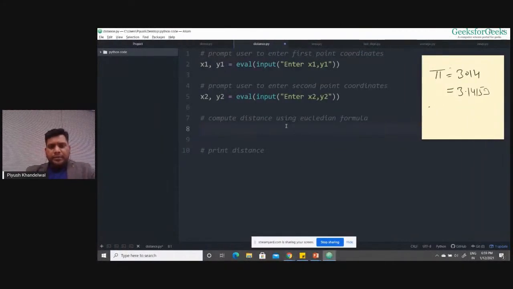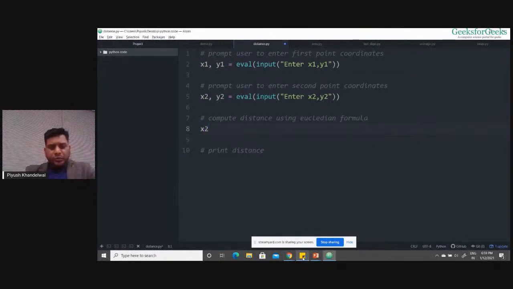I write x2 minus x1 and whole raised to the power 2 is square, plus y2 minus y1 whole raised to the power 2.